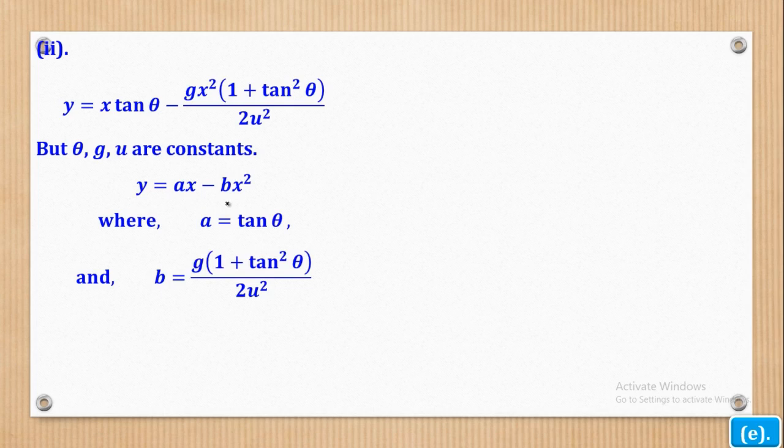Now they want you to show that it is parabolic in nature. So in math 1, with time you'll cover a topic called conic sections, and that conic sections has special curves. 1 is a parabola, 2 is a hyperbola, and 3 is an ellipse. Now parabolic comes from the word parabola.